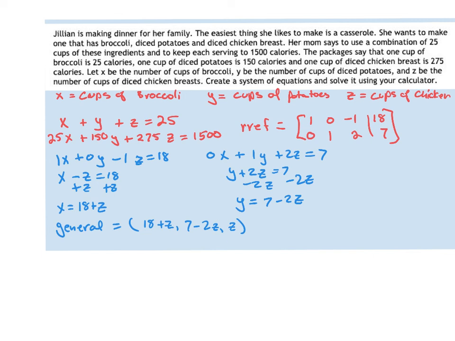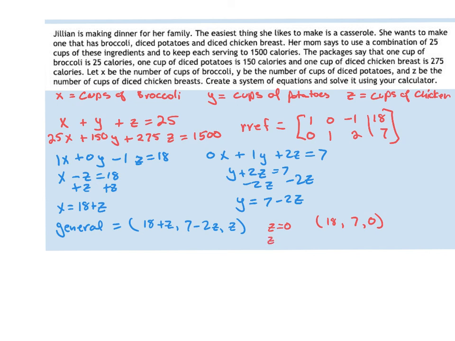I'm going to start off by saying that z is equal to 0. If z is equal to 0, that would leave me with 18 cups of broccoli, 7 cups of potatoes, and 0 cups of chicken. Now, that probably wouldn't be a very tasty casserole, but it would satisfy this situation.